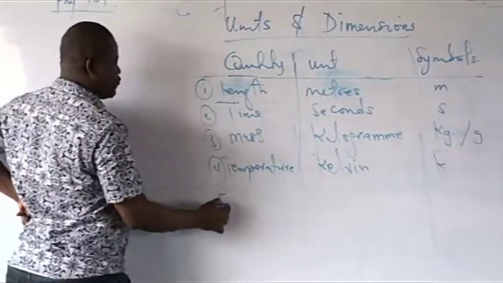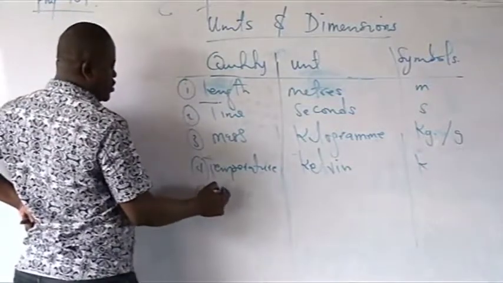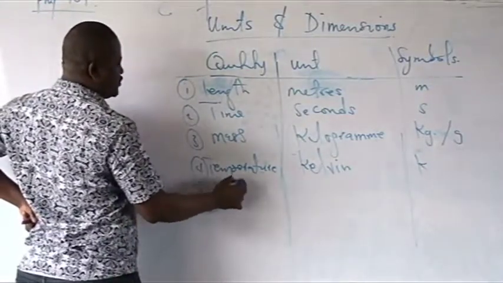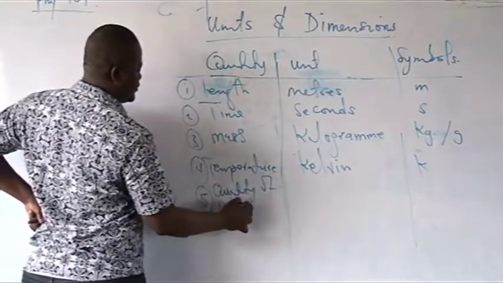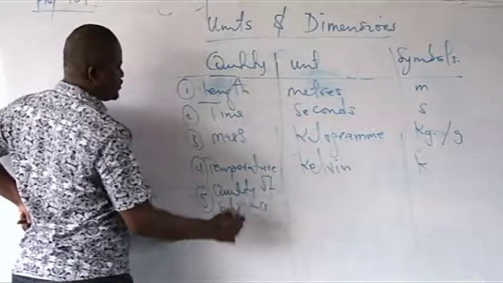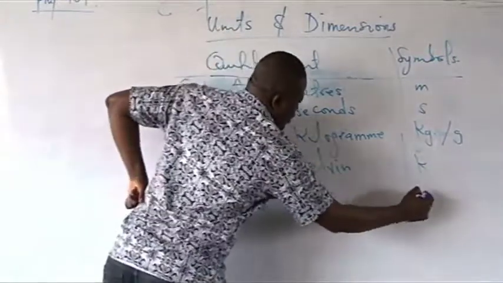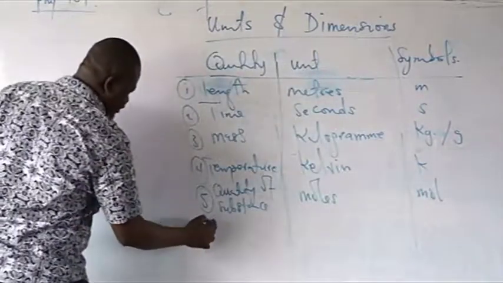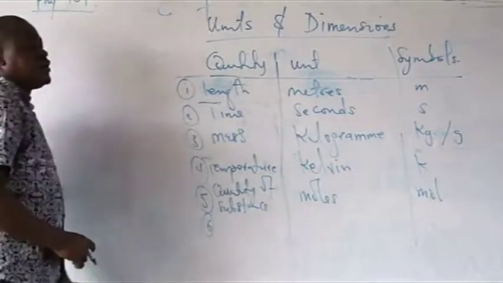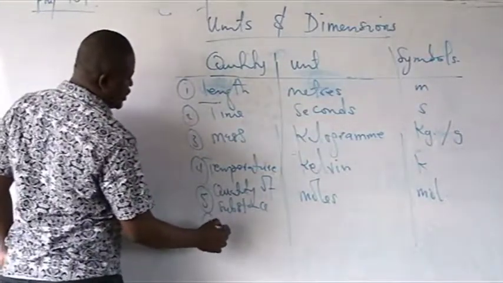Now, the fifth one, we have something called quantity of substance. It is measured in moles. MOL. The sixth one, we have current.